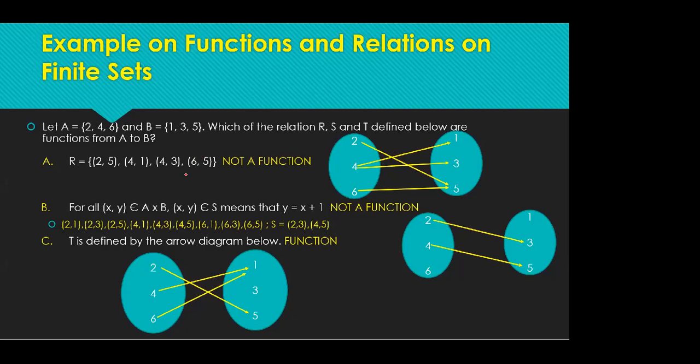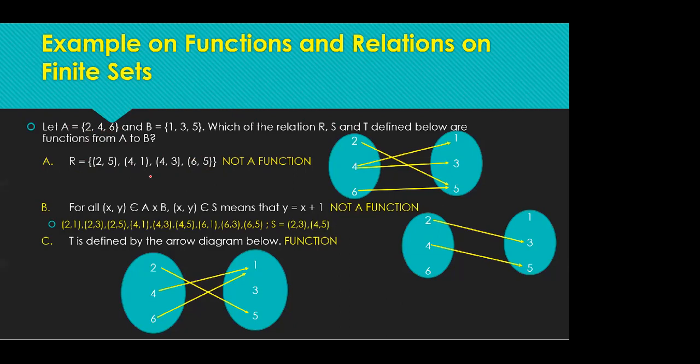Yes, that is right. But for you to understand it better, every element of the set A should be the first element of an ordered pair for it to be a function. So 2, 4, 6 satisfy the condition, right? 2, 4, 6 is the first element of the ordered pair.